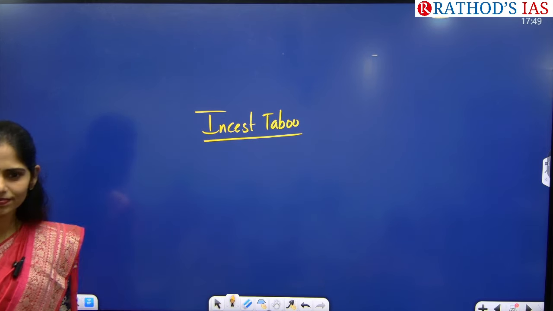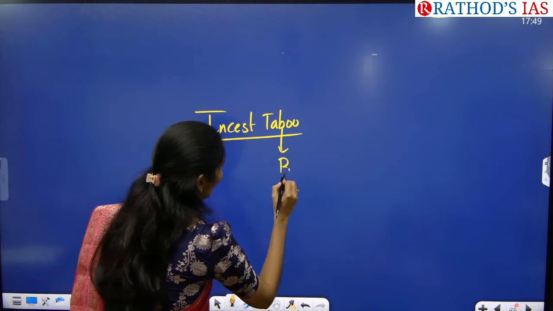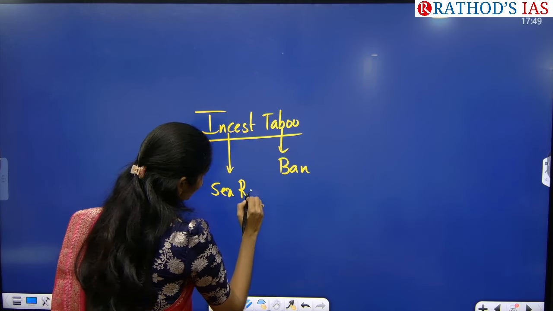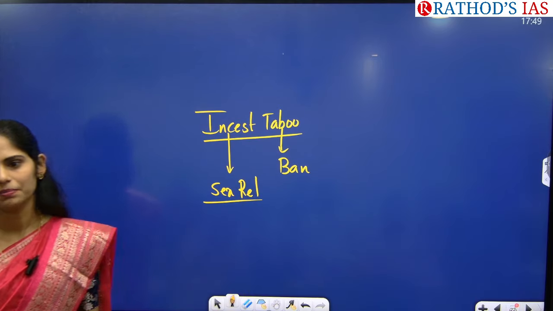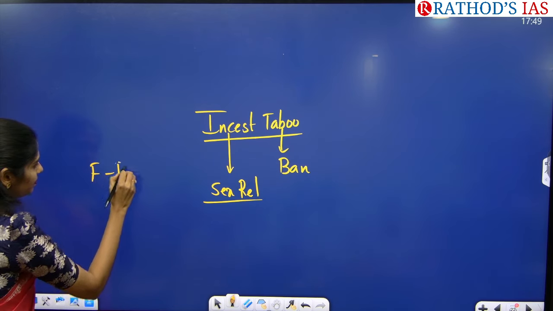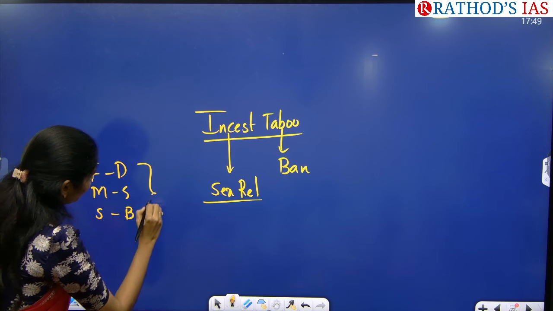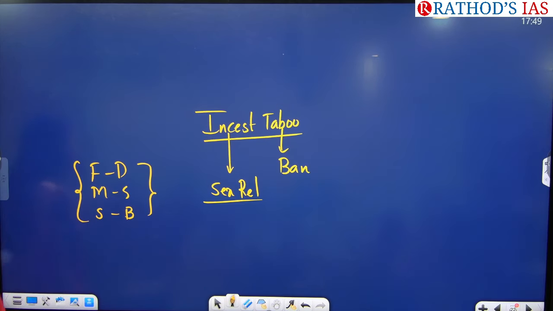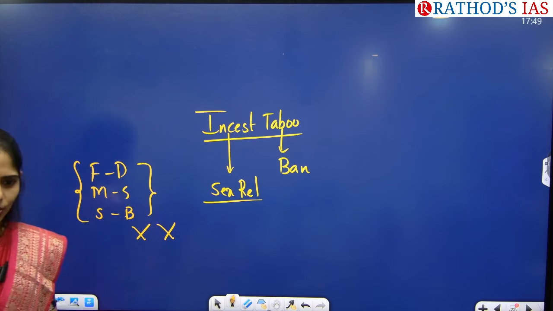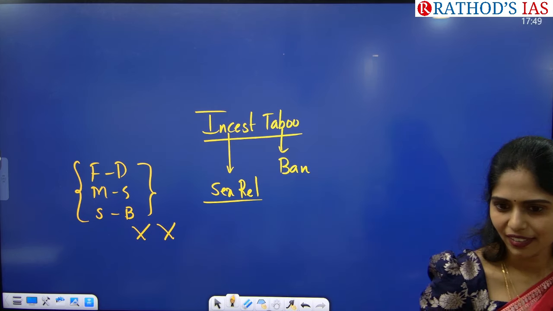Incest taboo. Yes, restrictions. Taboo is nothing but ban. Ban on incest. Incest is nothing but having sexual relations with very close family members. For example, father and daughter, mother and son, sister and brother. So between these family groups, there is no sexual relations. That is called as incest taboo. So is it good or bad? Incest taboo is good or bad? Bad?